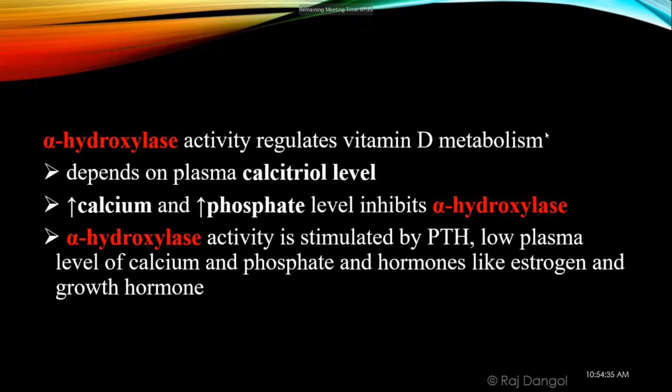So when there are high concentrations of calcium and phosphate, it inhibits the activity of alpha hydroxylase, and when there are low concentrations of calcium and phosphate in the circulation, it enhances the activity of alpha hydroxylase. And apart from that, alpha hydroxylase activity is also stimulated by parathyroid hormone and other hormones like estrogens and growth hormone.